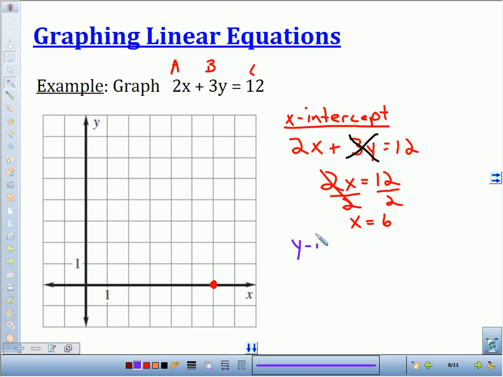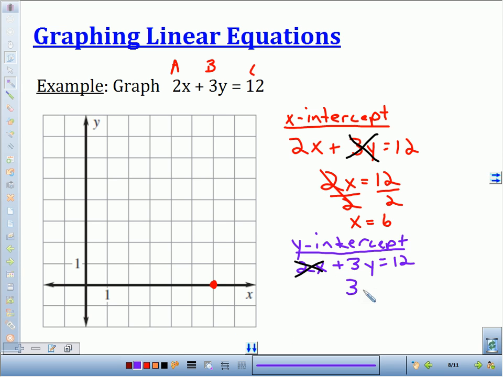Finding the y-intercept is very similar. If I want to find the y-intercept, I can simply ignore the x factor. So that means that 2x I will ignore.